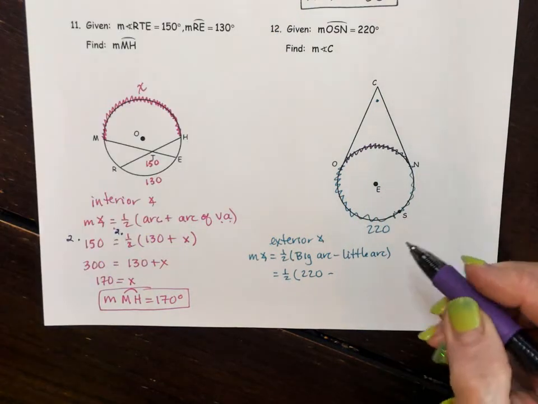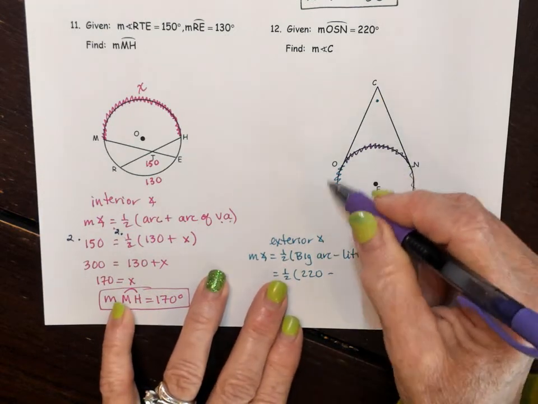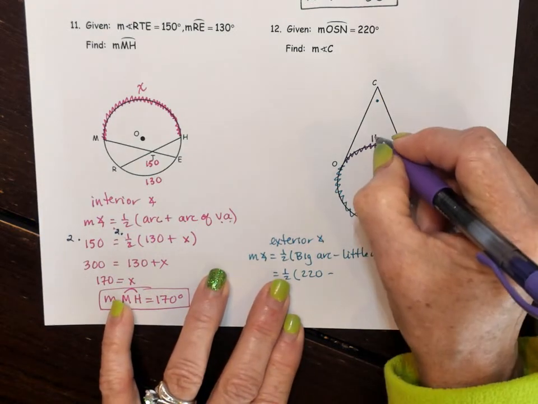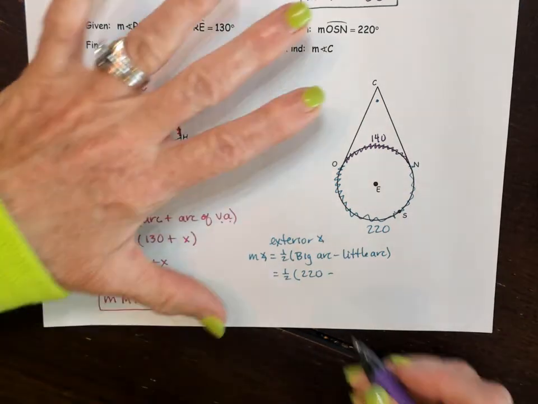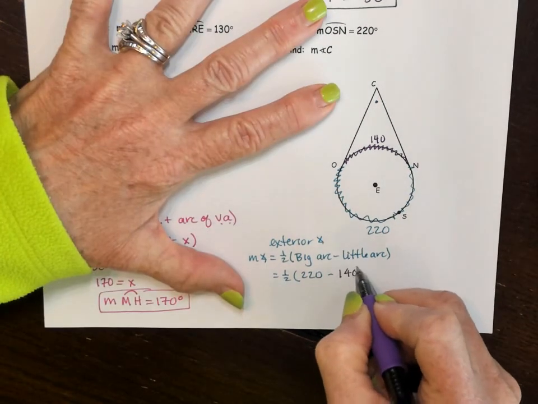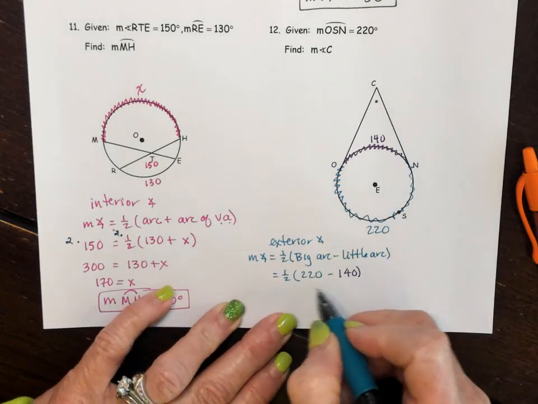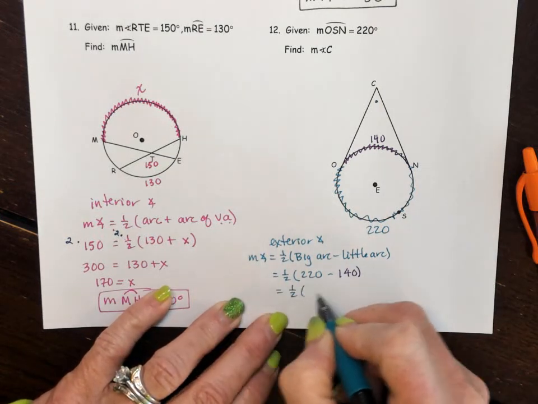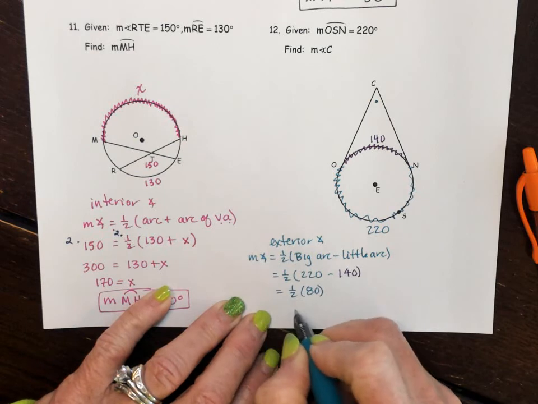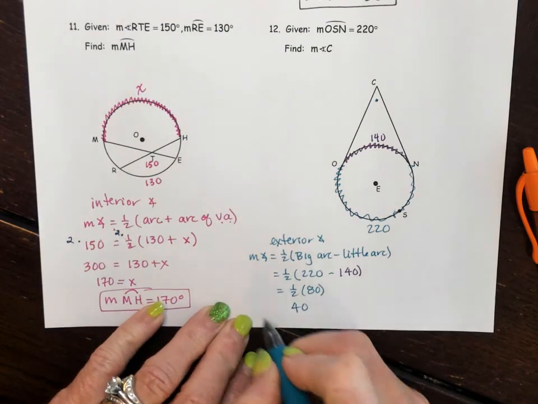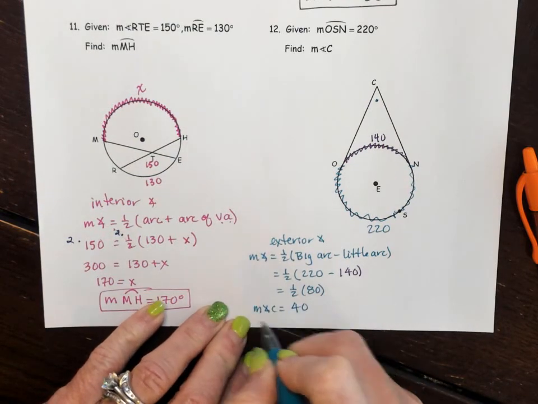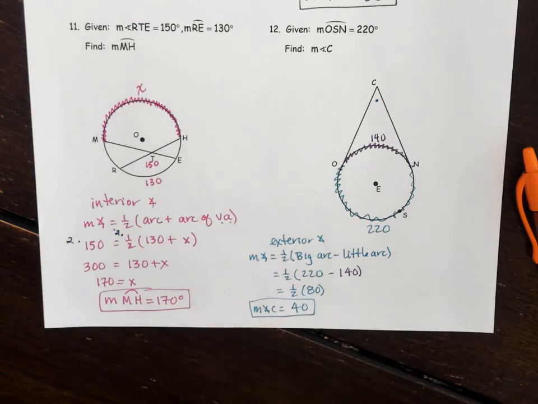Now to find that, 360 in the whole circle, 360 minus 220 leaves this as 140. So we can put in that little arc of 140. 220 minus 140 is 80. Half of 80? 40. So measure angle C equals 40.